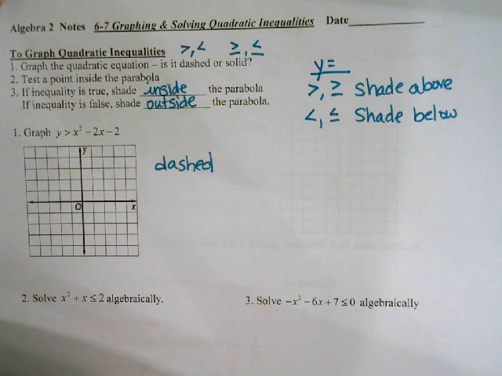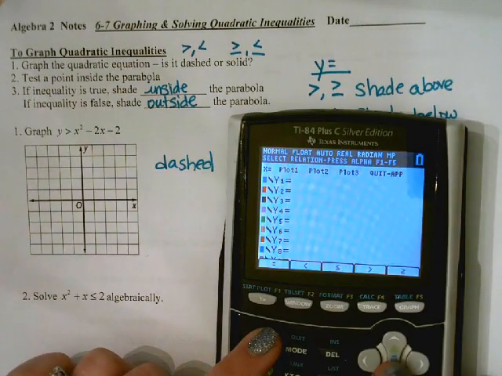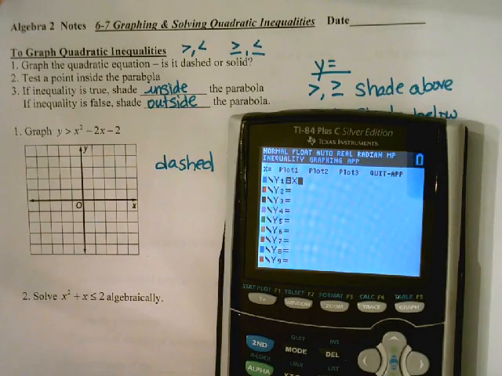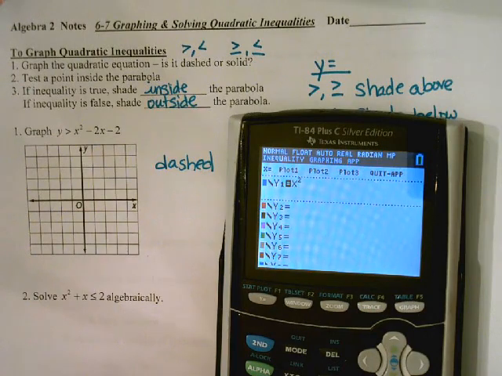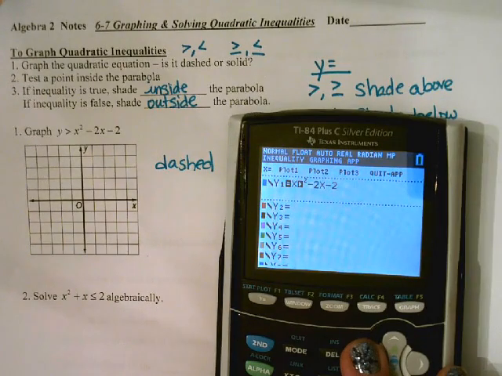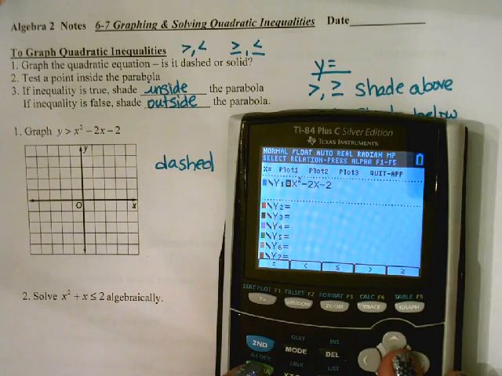All right, here we go. So there's my calculator. I've got x squared minus 2x minus 2, and then I'm going to go ahead and change this so I can see him in my calculator.